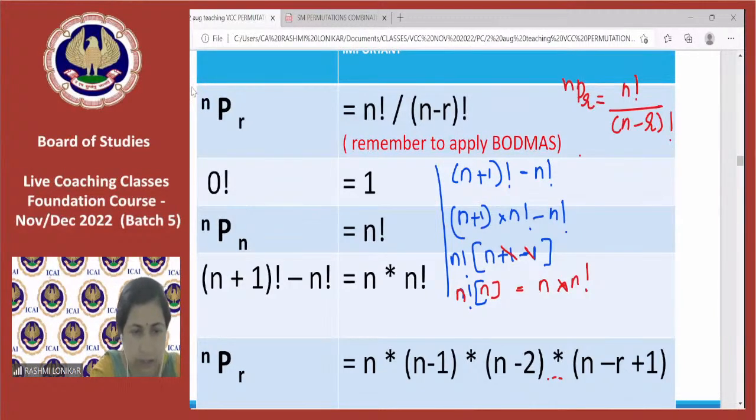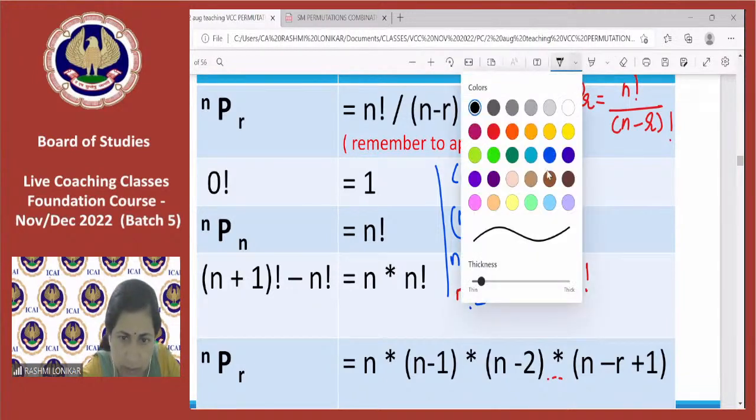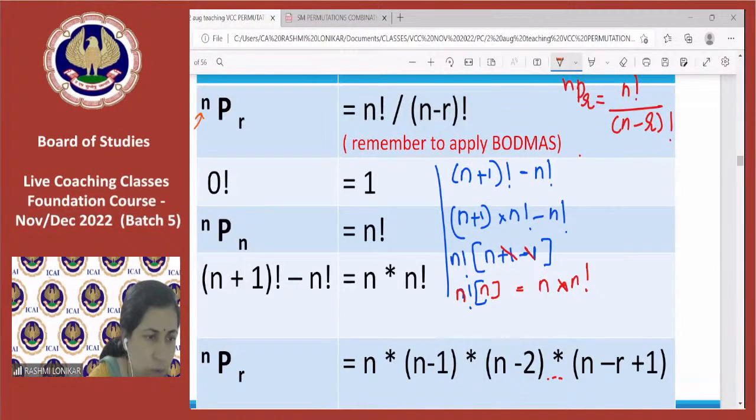So let me tell you once again the significance of n and r. n is the total number of objects in the group, and r is the number we are selecting for rearrangement.